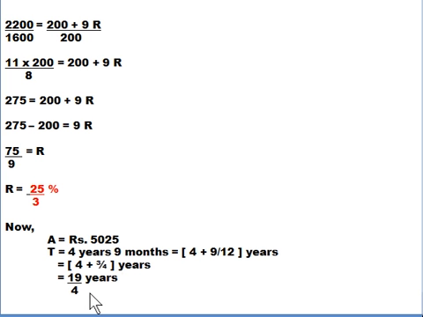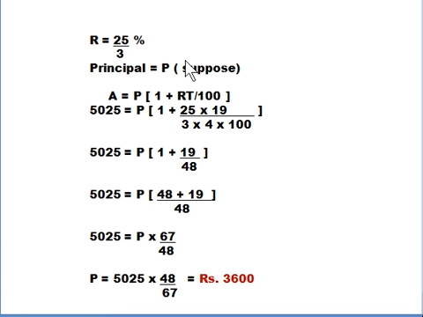So we have the value of time in years. Remember, we have discussed it earlier also that when we are substituting the value of time or the rate, they should relate to each other. That means if the rate is per annum, the time has to be in years. Fine. The rate we have already calculated as 25 by 3%.